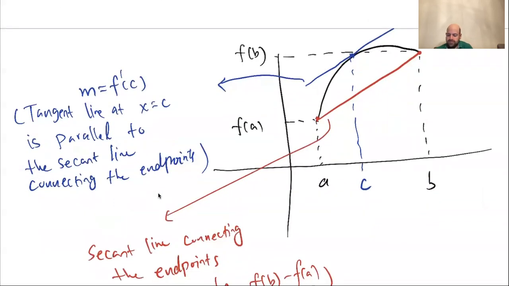Okay, so this is the interpretation of the mean value theorem. If the function is continuous on the closed interval and differentiable on the open interval, then at some point c between a and b, the tangent line at that point will be parallel to the secant line connecting the endpoints of that graph.